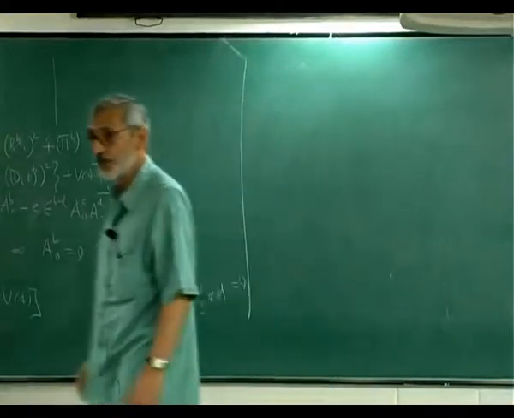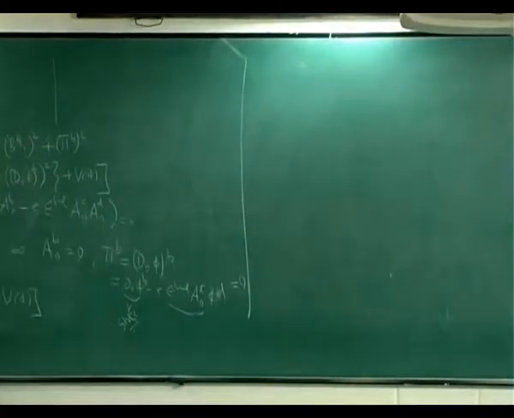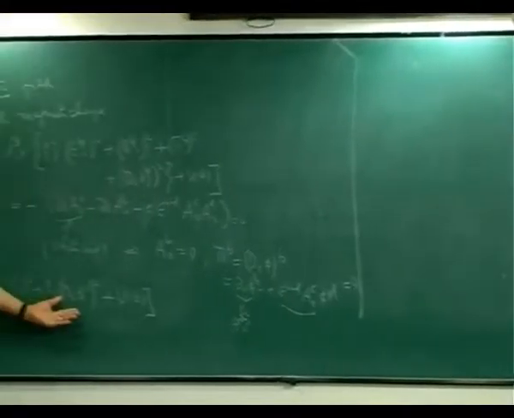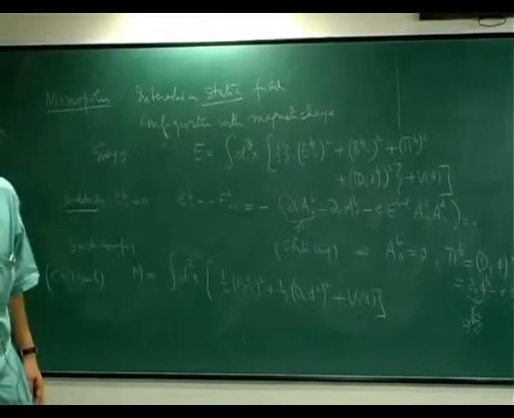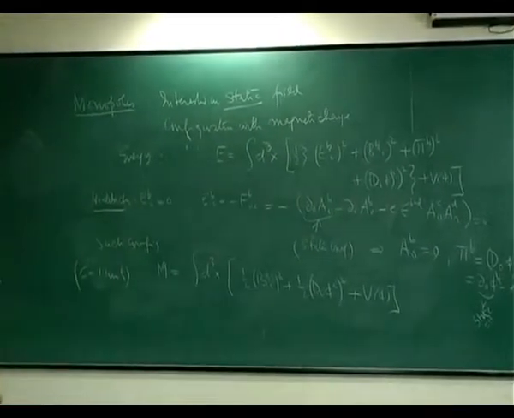Is that clear? For static configurations which don't have any electric charge, the mass would be given by the integral d3x of half B_A squared, half D_i phi squared, plus the potential.